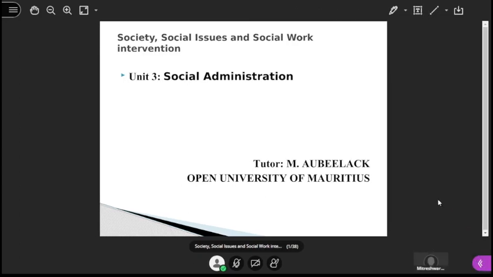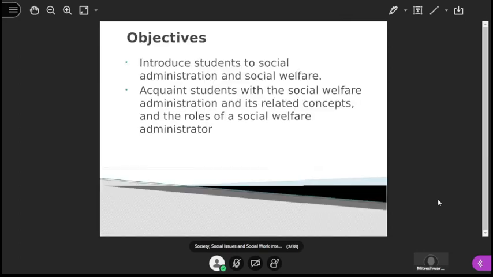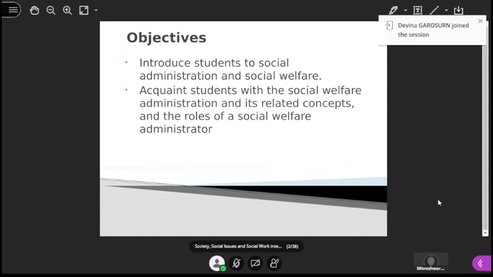Okay. So today we'll do about social administration, Unit 5. The objective of this module is to introduce students to social administration and social welfare, acquaint students with the social welfare administration and its related concepts, and the role of a social welfare administrator.